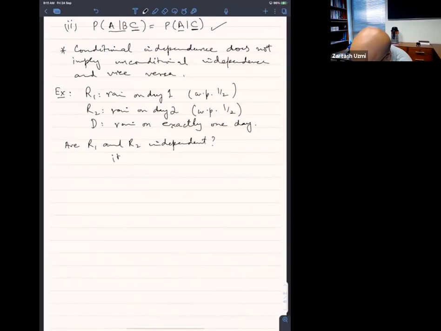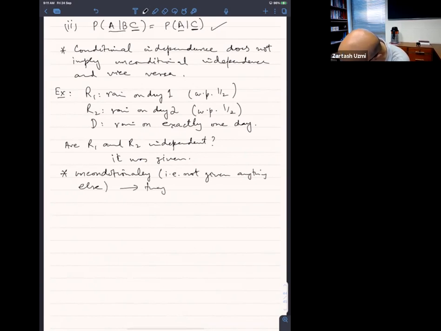It was given that the rain on one day is independent of the other day. So unconditionally, that is, not given D or anything else, they are independent. They are given to be independent.